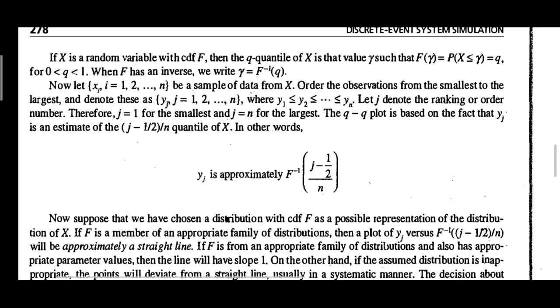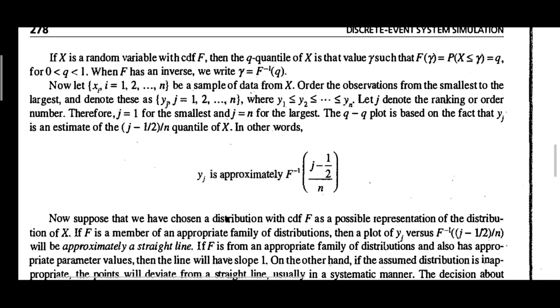Earlier we marked it as xi. So after rearranging them, use the different notation yj, where j equals 1, 2, 3, 4 and so on up to n, where y1 is less than or equal to y2 and so on up to yn. This is the reordering of the sample data.